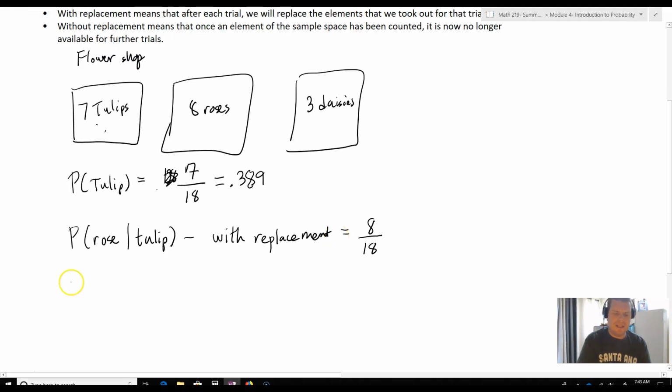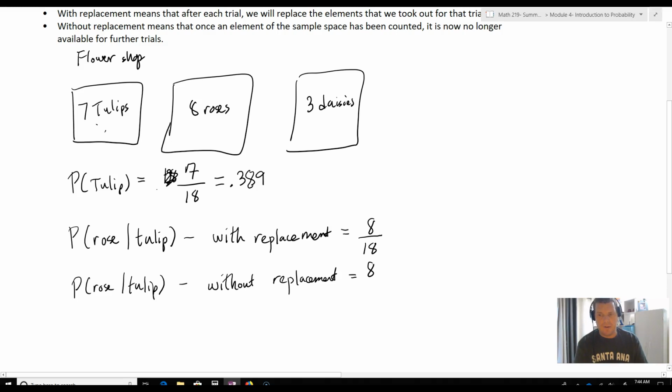What about if we did it without replacement? Given that we just pulled a tulip, we'll do this without replacement. And so if we look at that, we have 8 roses still, because I didn't pull a rose the first time around, but our total went down. This 7 became a 6.